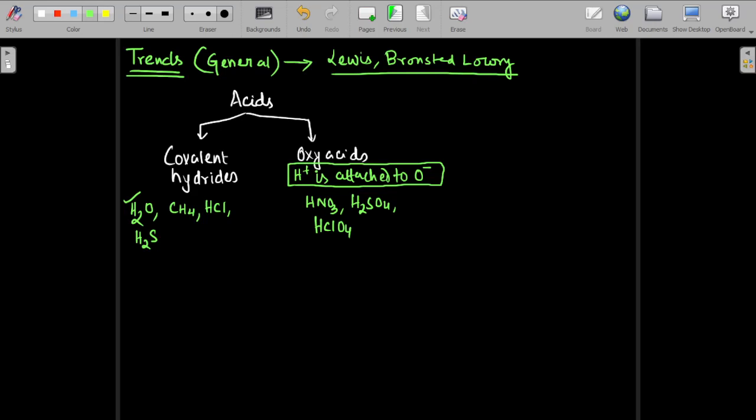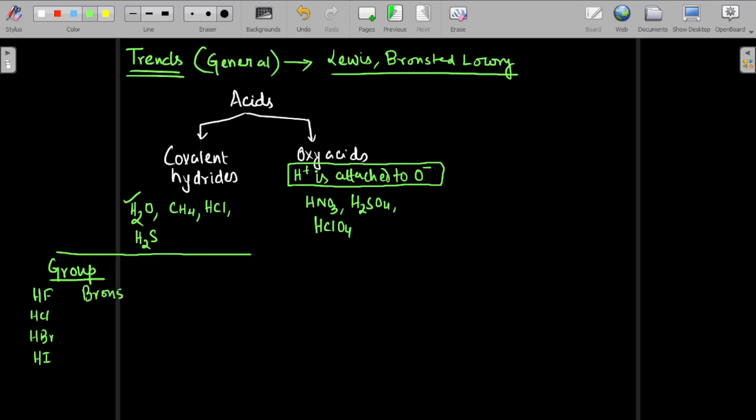So our trend analysis will be different for these two kinds of acids. First of all, we are going to understand the covalent hydrides. What happens in a group? Let us go for a simple group: HF, HCl, HBr, HI. In a group, if it is a covalent hydride and you have to compare the acidic character, the concept is simple: the Bronsted concept.